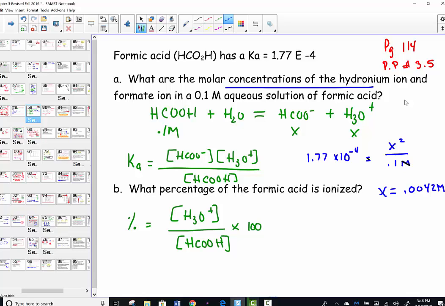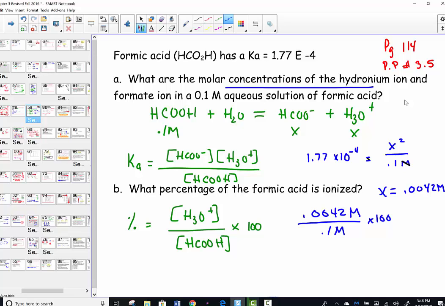What is the percent ionization? To remind yourself, percent means part over whole. The concentration of the ion we determined above is 0.0042 molar units of the hydronium ion, the letter X, over the original concentration, which was 0.1 molar, expressed as a percentage.